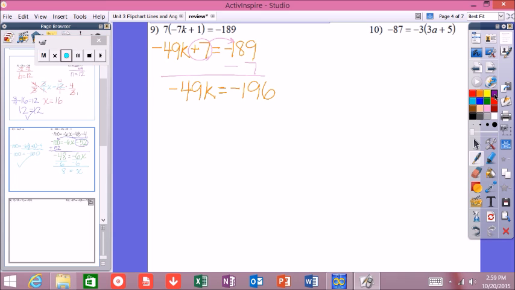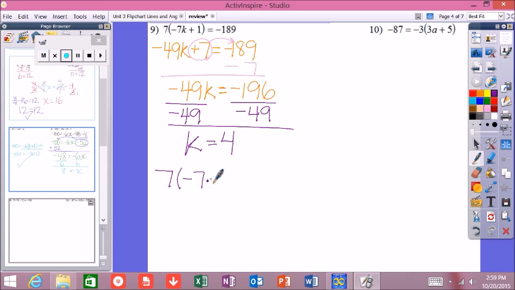To isolate k, we need to divide both sides by negative 49. We have a 1k on the left side equals 4, positive 4. Plug it in and check.